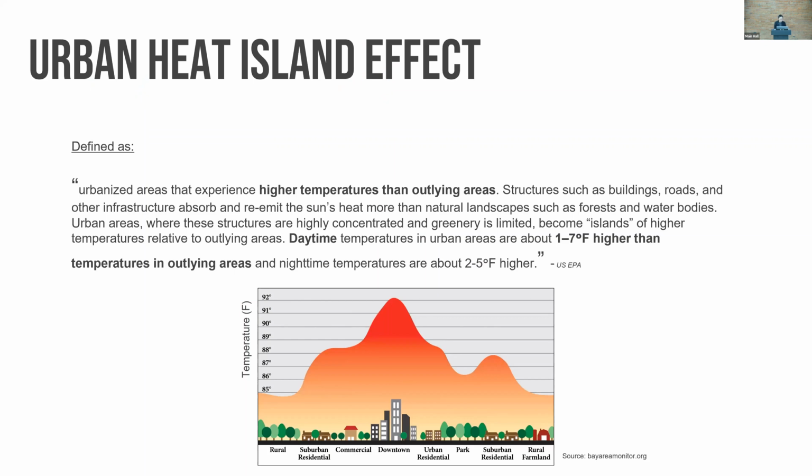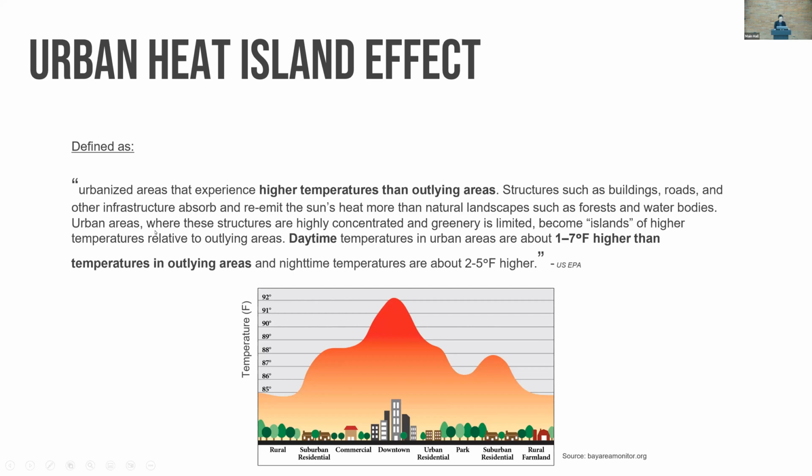Urbanized areas experience higher temperatures than outlying areas. Structures such as buildings, roads, and other infrastructure absorb and re-emit the sun's heat more than natural landscapes such as forests and water bodies.